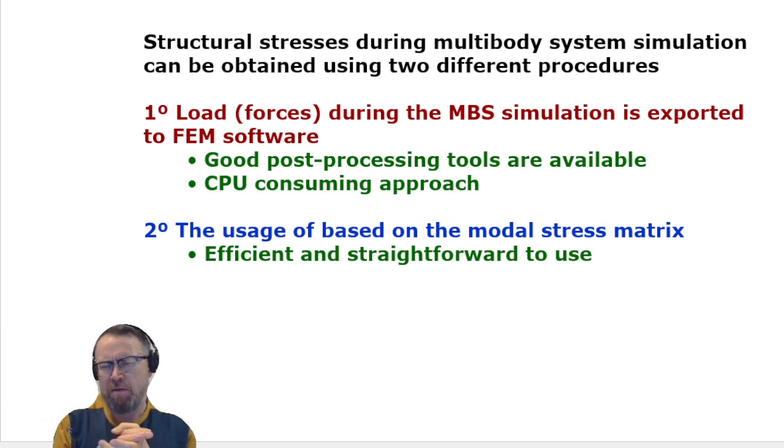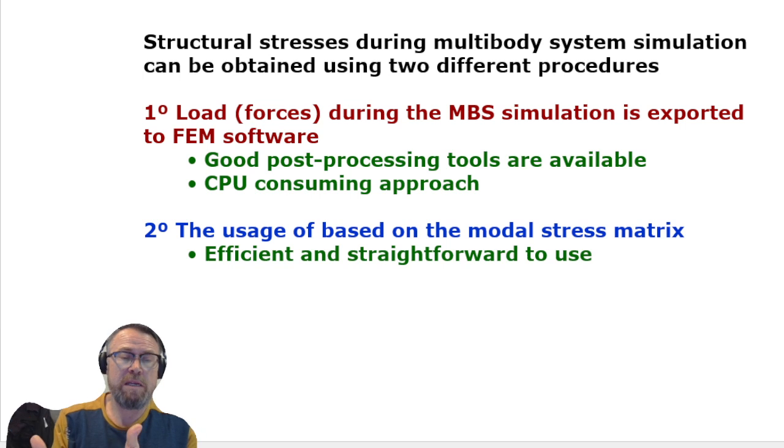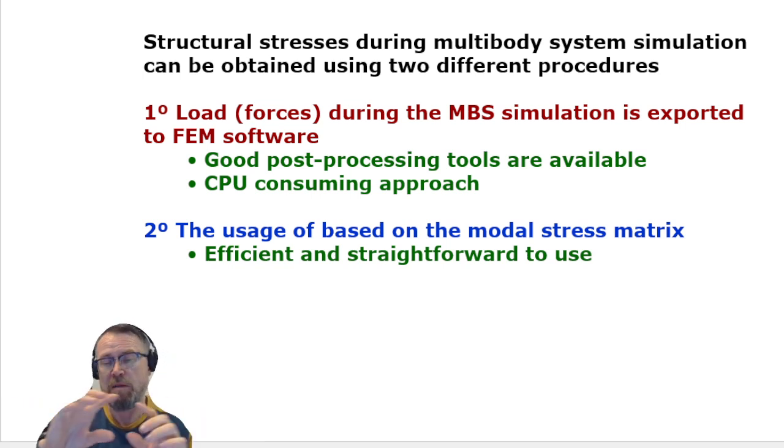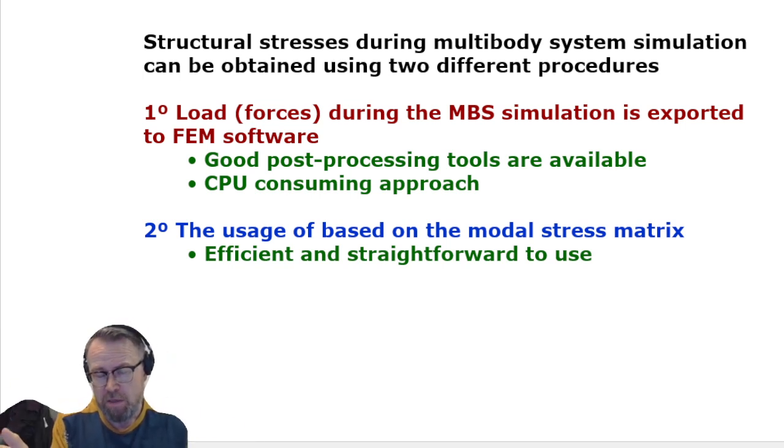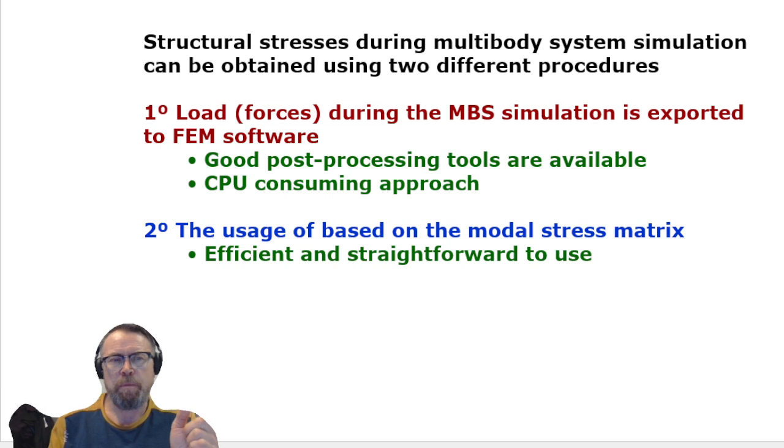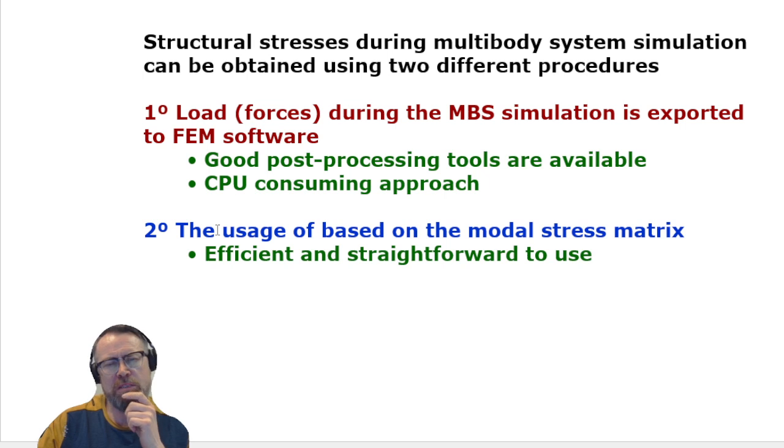Another alternative is to make use of those displacements directly in multi-body system dynamics. So take the information you need to get from the displacements, the deformations, all the way to strains and stresses. And this is the second opportunity, which is the usage of the modal stress matrix.